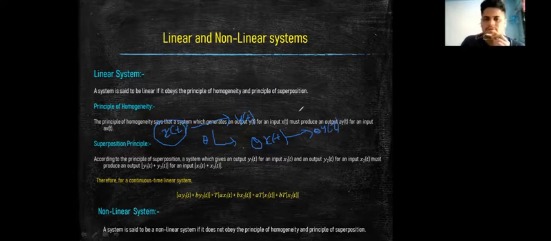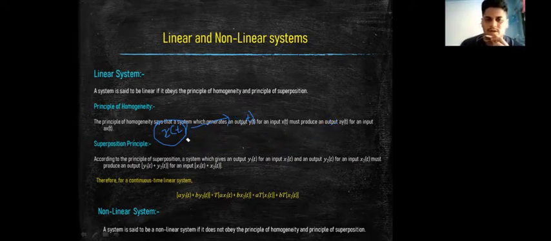This is the principle of homogeneity, which states that if an input of a system is multiplied by a scalar constant value, in this case theta, the output must also be multiplied by the same scalar. So this is the principle of homogeneity.